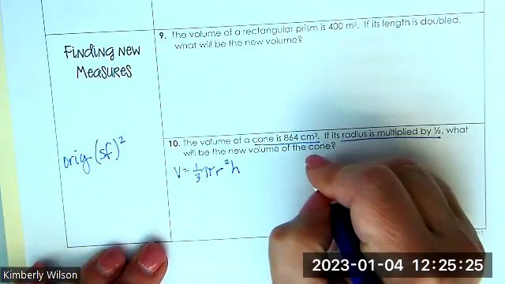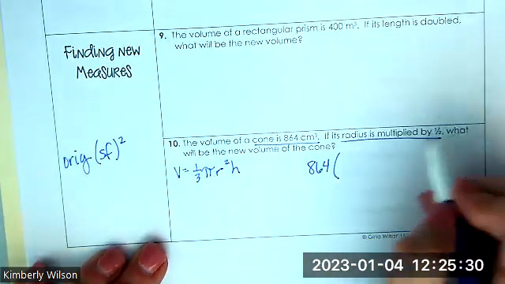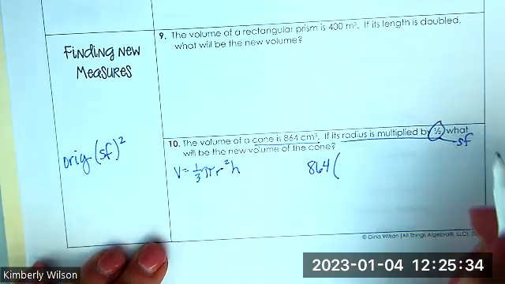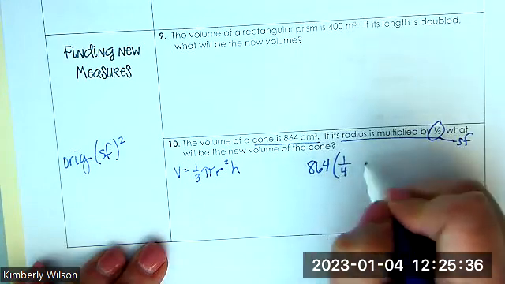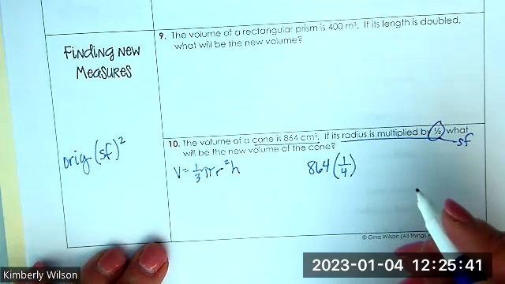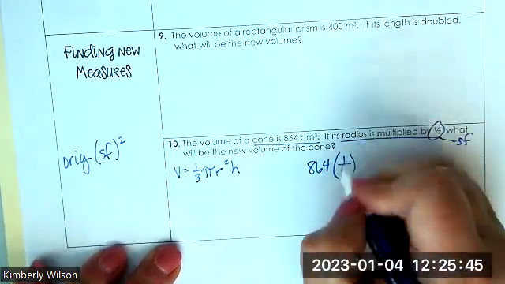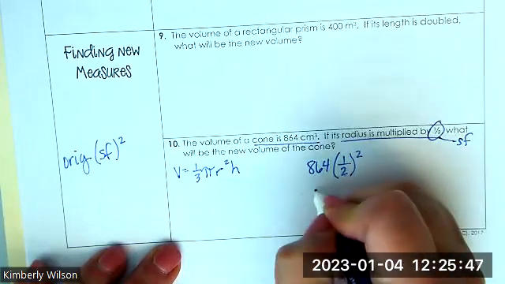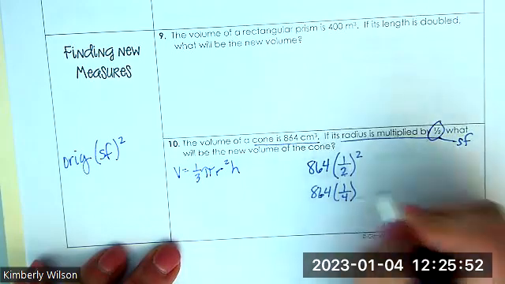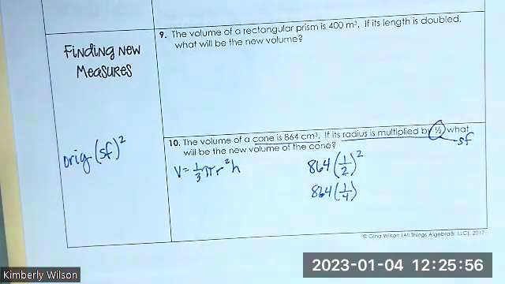So we're going to do 864 times, it's multiplied by 1/2, so this is my scale factor. So it's 1/4, no, not 1/4, it's 1/2. I got 1/4 jumping ahead. 1/2 squared, which gives me 864 times 1/4, which is pretty much the same as 864 divided by 4.